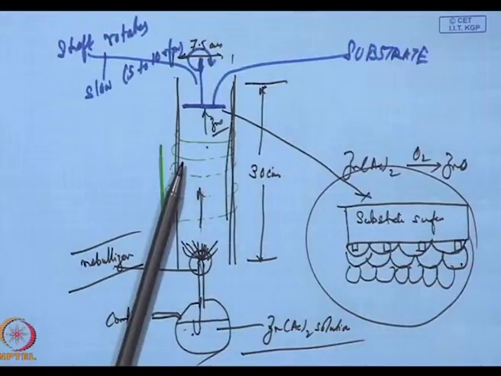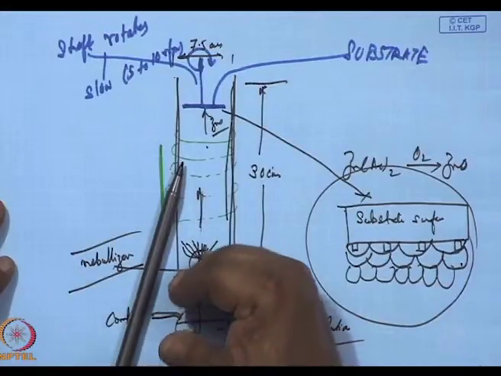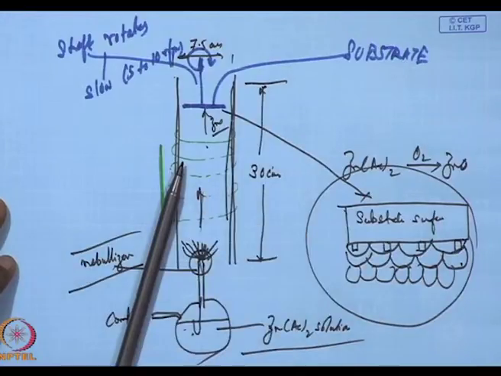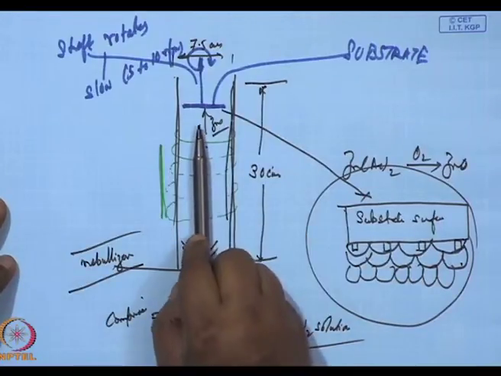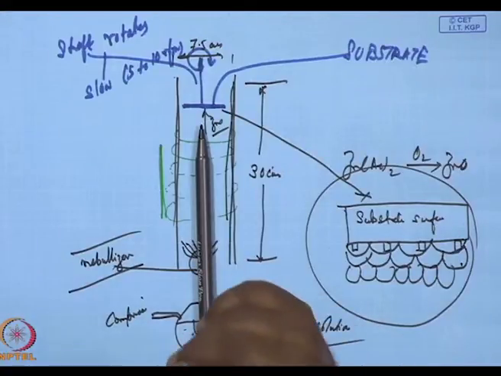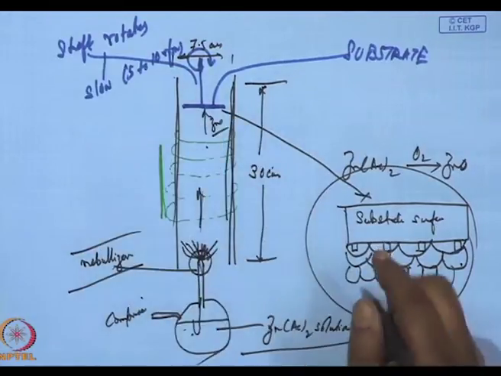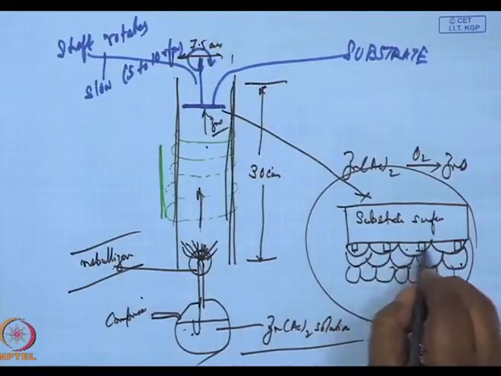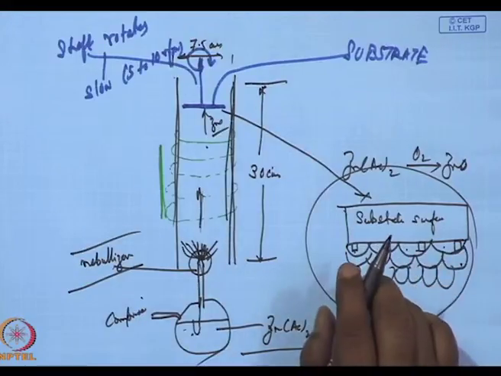Similarly over here, the zinc acetate has gone through this hot zone, wherein it has decomposed to give you zinc oxide plus carbon dioxide plus water, and the zinc oxide droplets have collected on top of this substrate surface.